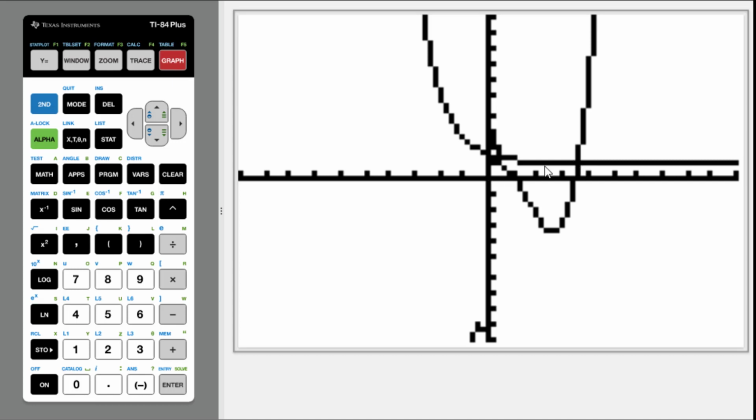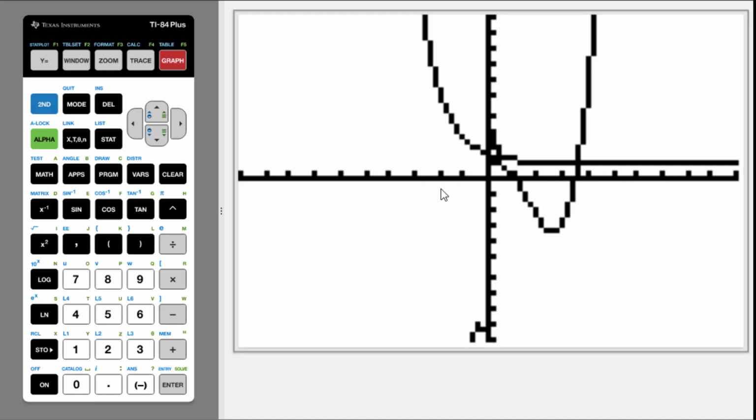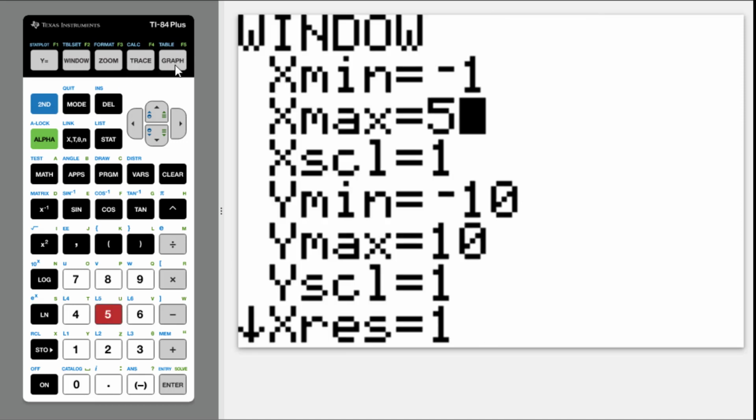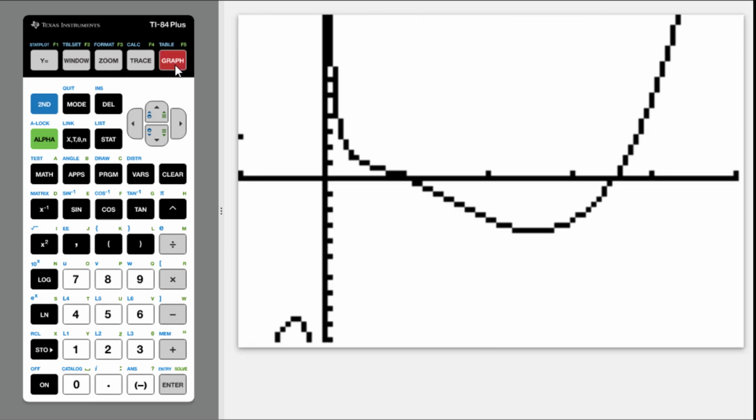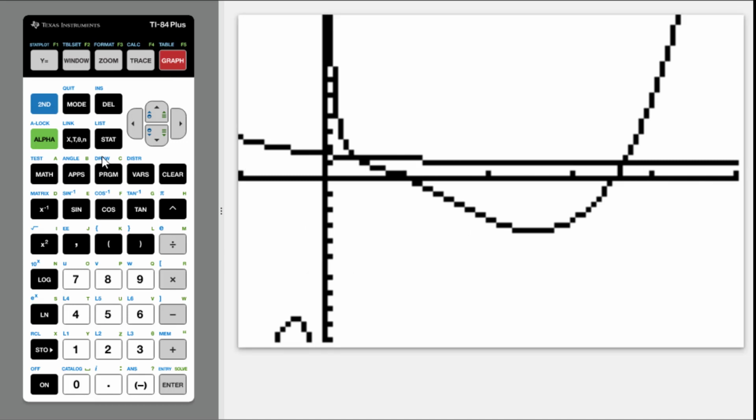Let's make it clear. We will change the window of the x-axis from -1 to 5. Then we graph. You can see these two intersections very clearly.